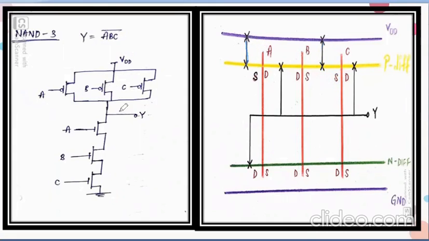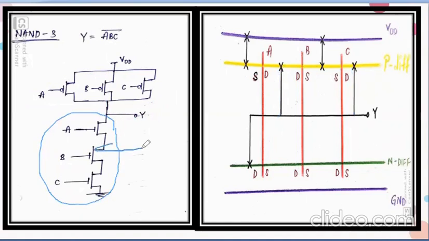Now, the drains of all my PMOS transistors are connected to output. So the drain of A, the drain of B and the drain of C are connected to output.